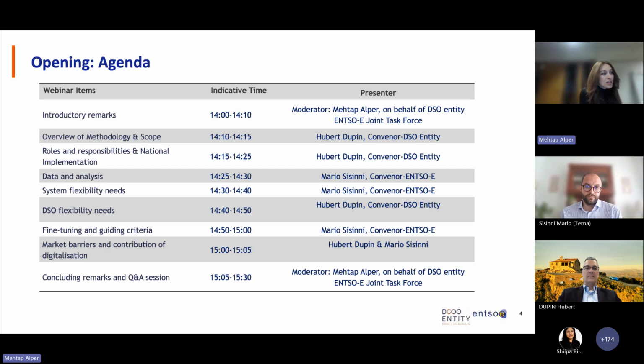Overview of the methodology and scope, roles and responsibilities, national implementation, data and assessments, system flexibility needs, DSO flexibility needs, fine-tuning of network and system needs, guiding criteria, market barriers and contribution of digitalization. And we will finalize with the concluding remarks and will give the floor to you for your questions.